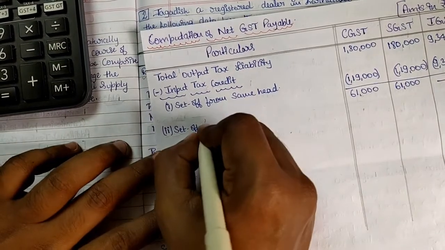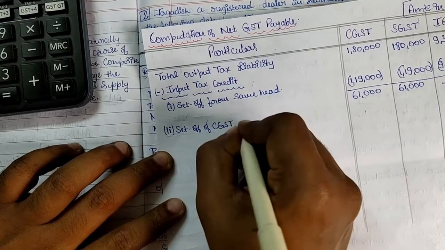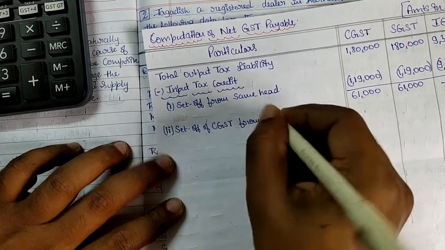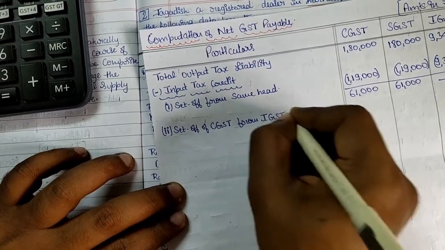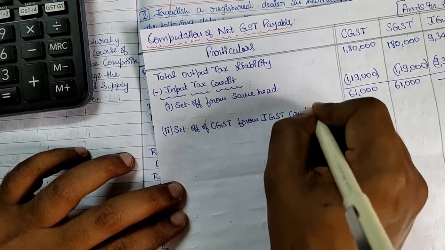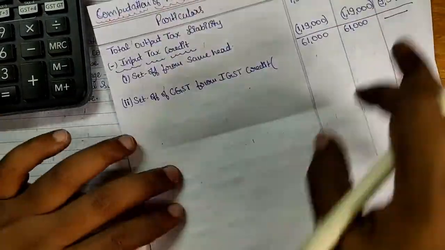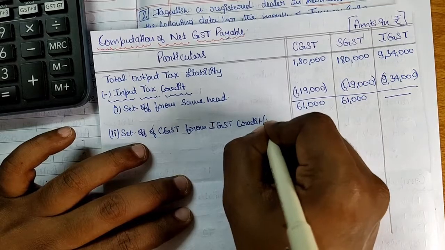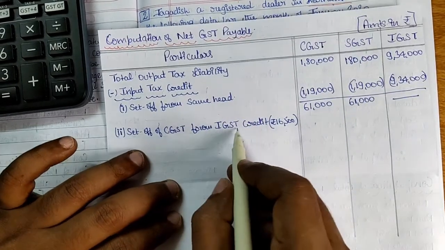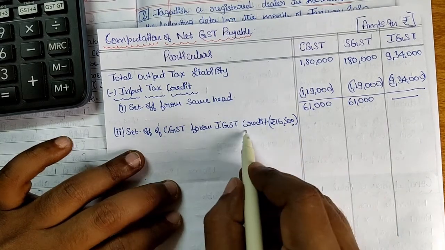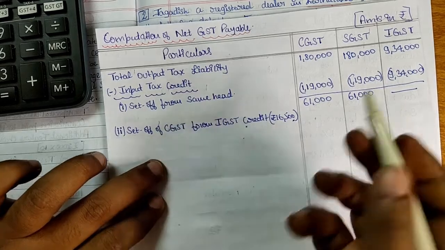So we are setting off CGST from the credit available. We have IGST credit, right? How much? It is 9,50,500 minus 9,34,000, which is around 16,500. So this 16,500, which is IGST credit, we are setting off first from CGST, then from SGST.